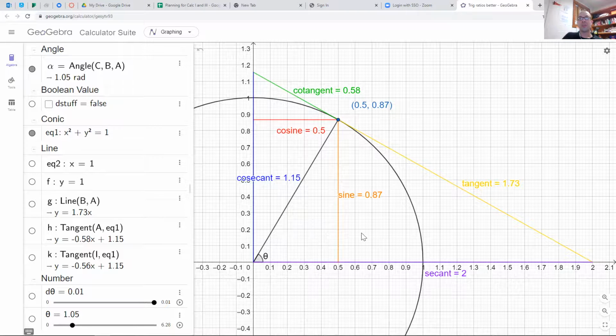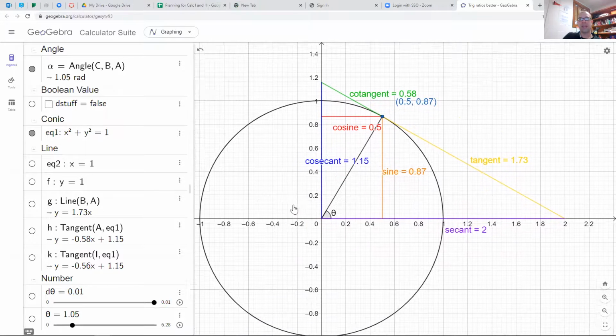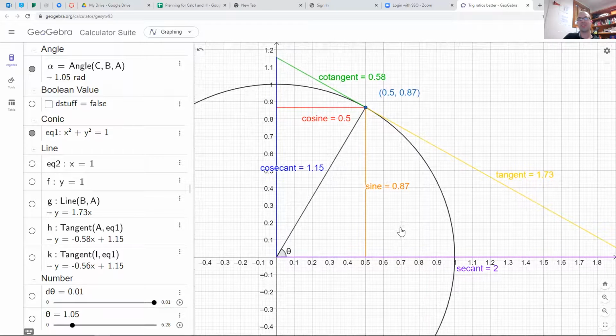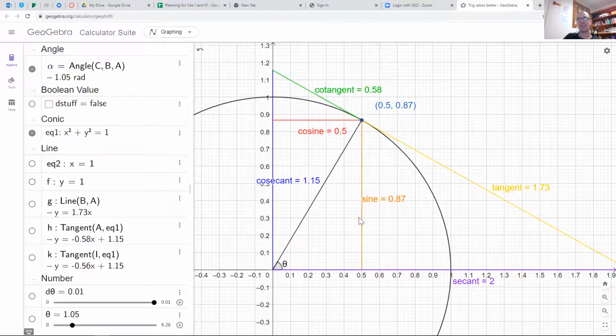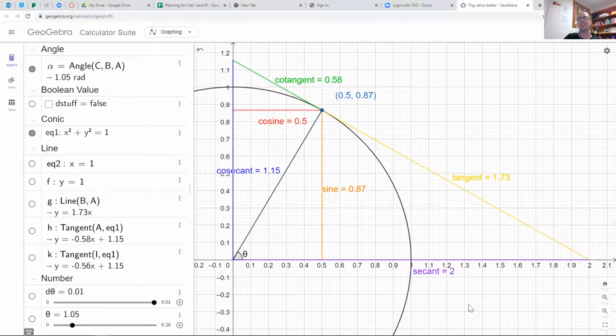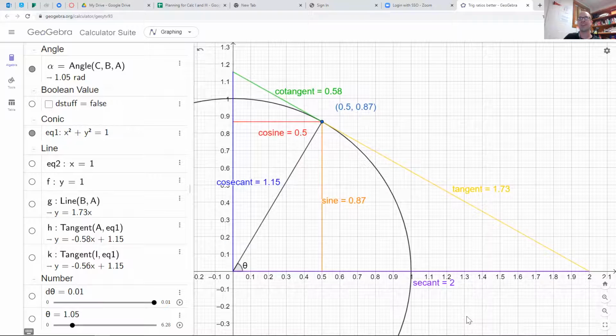Here's just a unit circle. And on this unit circle, we've labeled cosine, sine, tangent, cotangent, cosecant, and secant in terms of where these trigonometric ratios actually appear geometrically.